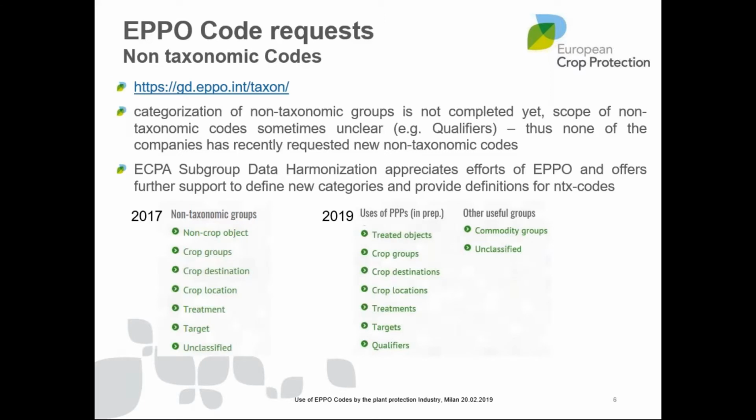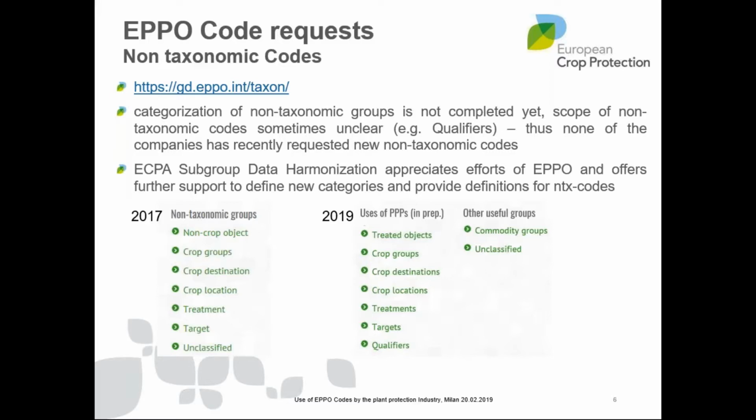When it comes to requesting non-taxonomic codes, so asking around, none of the involved companies recently applied for a new non-taxonomic code, and the major reason for this is that the categorization was obviously not completed yet, and so sometimes the scope was not really clear.